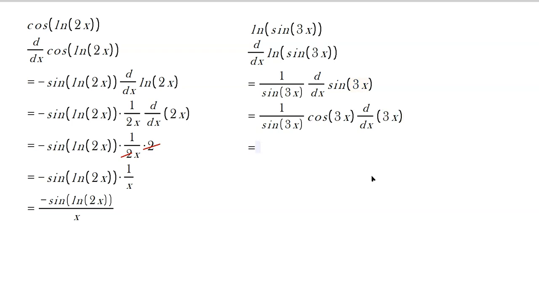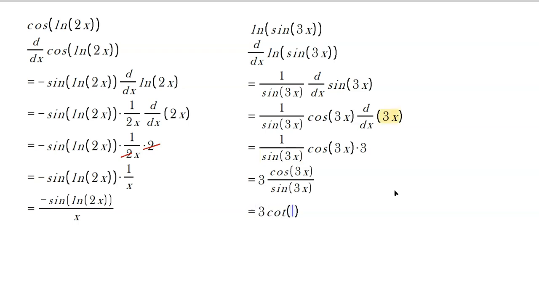So now you're going to end up with 1 over sine of 3x times cosine of 3x times just 3, because the derivative of 3x is just 3. So now you're going to end up with 3 cosine of 3x divided here by sine of 3x. You can write it that way, it's equivalent. But now cosine over sine is cotangent. So you can say 3 cotangent of 3x. And then this would be considered a derivative, the answer.